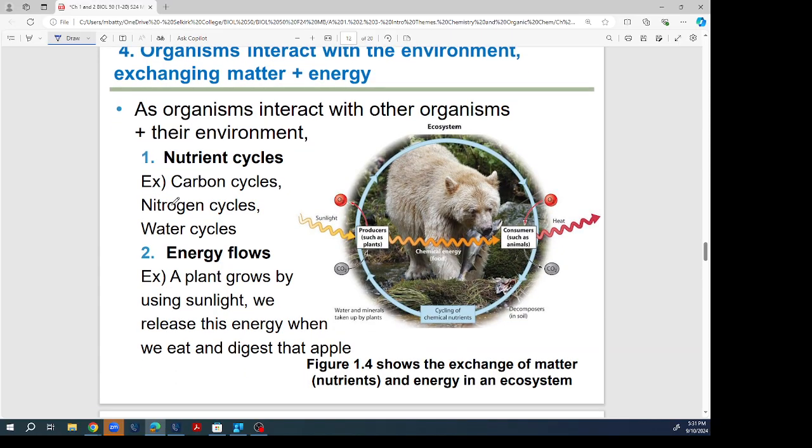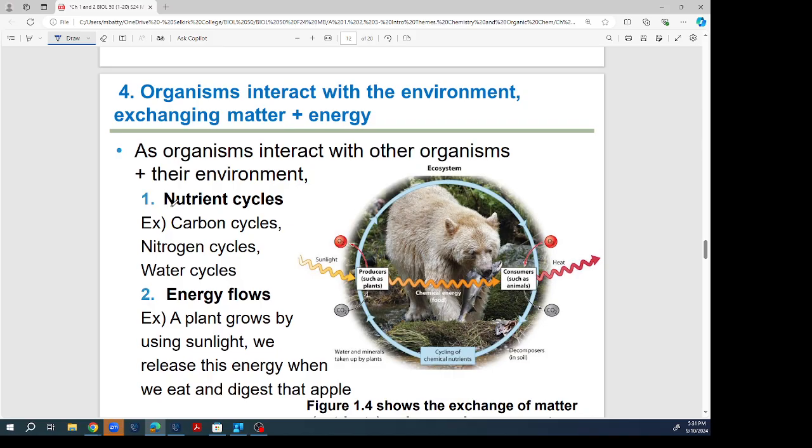Number 4, as far as a theme in biology, is that we interact with our surroundings, and basically we interact with the environment, and we're constantly exchanging matter and energy. So this exchange of matter and energy we could talk about with cycles or energy flows. And so nutrient cycles that you might have heard of before, probably back in grade school science, would be the water cycle. Right?